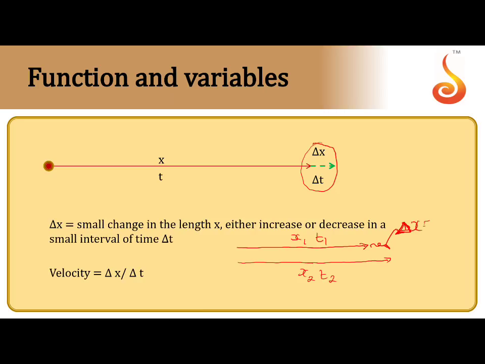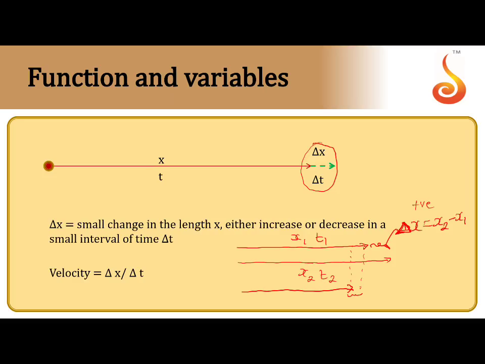This is actually given by x2 minus x1. Mind you, you may also have to find x1 minus x2. In some cases, your x2 may be lesser than x1. This will be your delta x. Even in that case, because it is a difference, delta x can be treated to be positive.